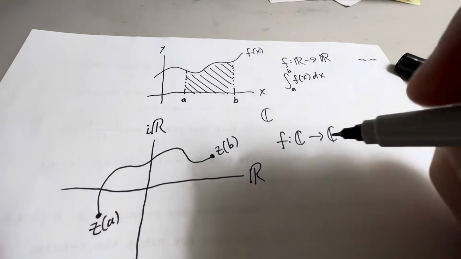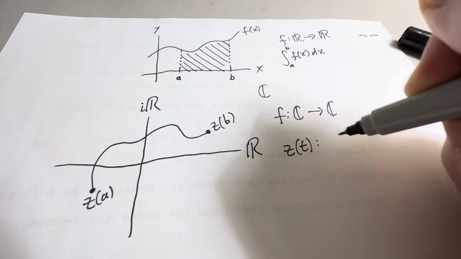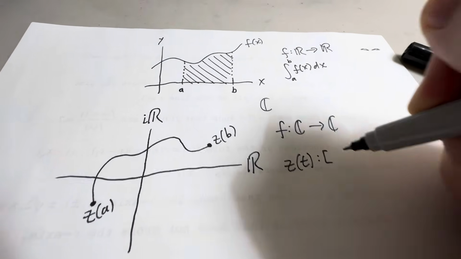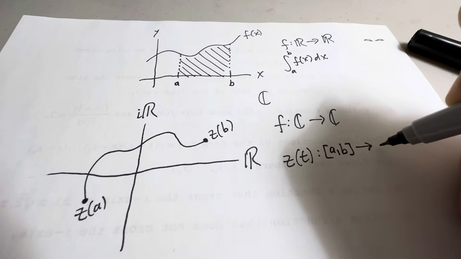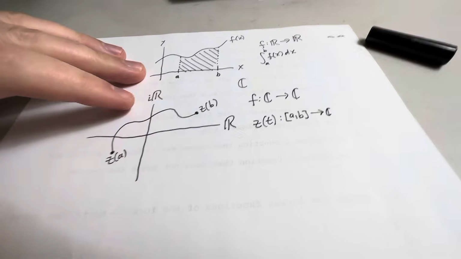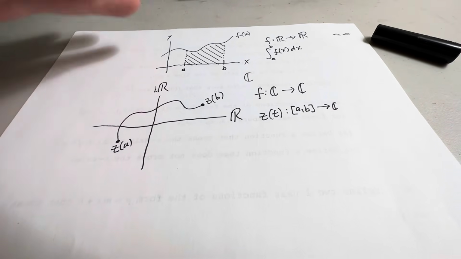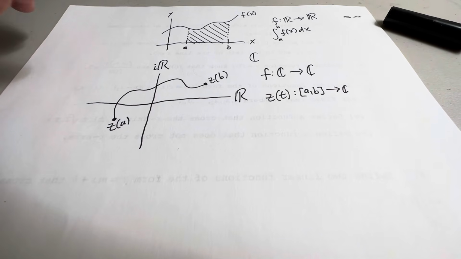And there's a reason why I call it that. I call it that because I can think of z(t) as a parameterization of my curve. So my curve can be thought of as a function of the interval [a, b].